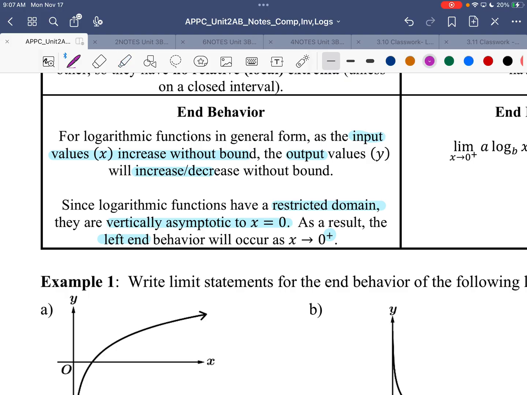Remember, the 0 plus means that x approaches zero from the right, or the more positive side of it, and it's of the vertical asymptote.